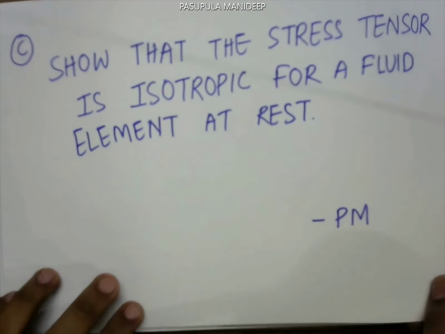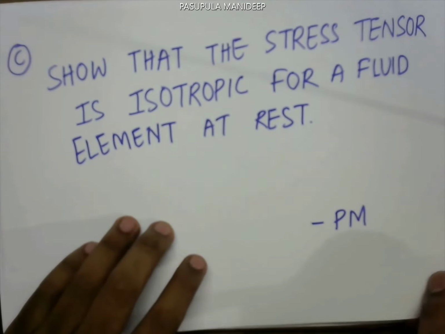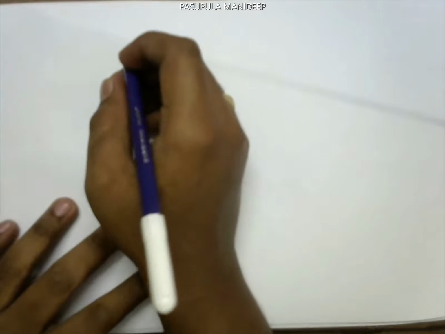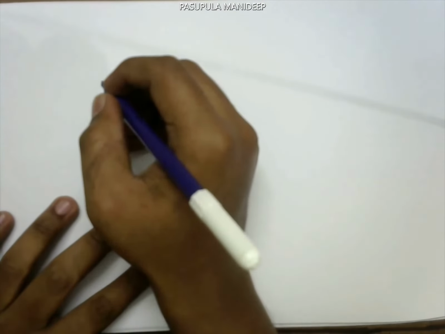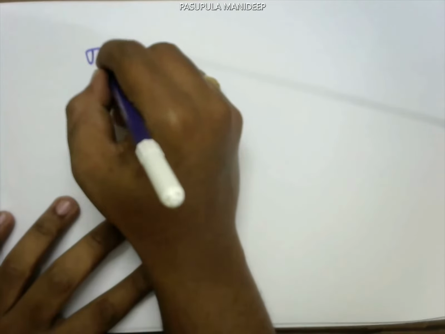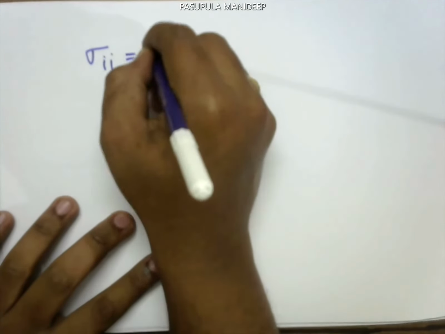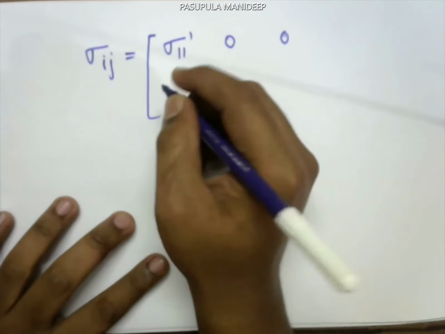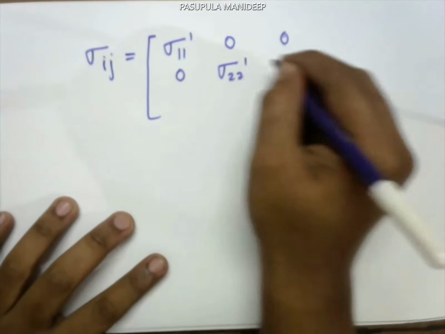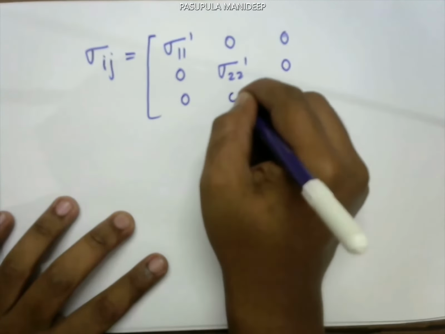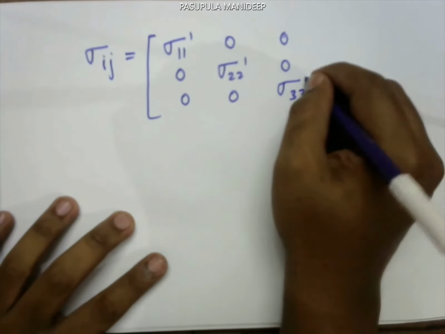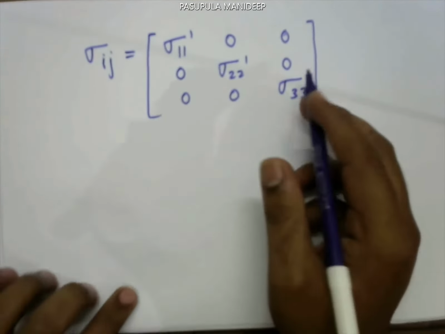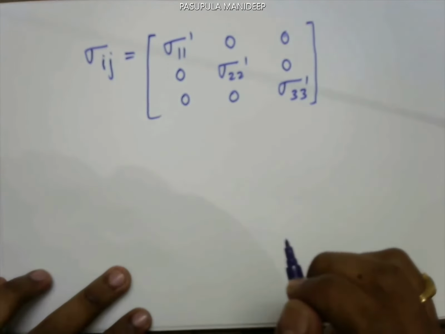Let us first write the stress tensor which we derived in the previous class. We are considering the principal stresses, so the non-diagonal elements will be 0.